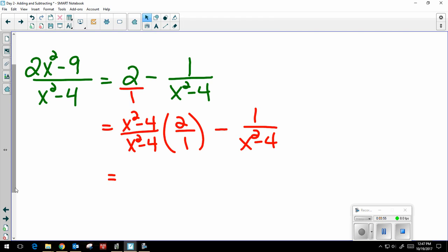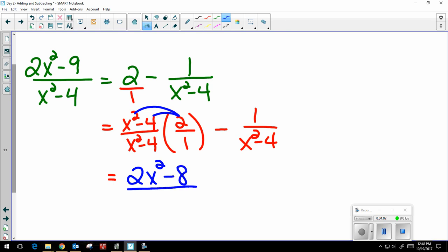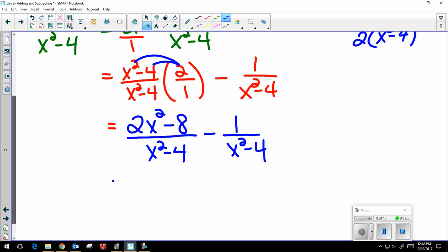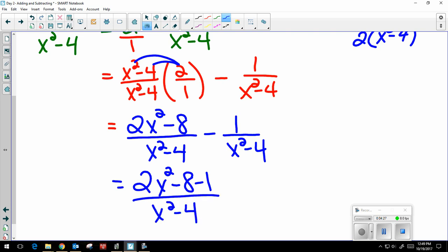So this is really going to be distributing this 2. I'm going to end up with 2x squared minus 8 over x squared minus 4. If you need to show that on the side this way, just because that's what you're used to, that's fine. And then I have a minus 1 over x squared minus 4. So if I continue, I'm going to get 2x squared minus 8 minus 1 over x squared minus 4.